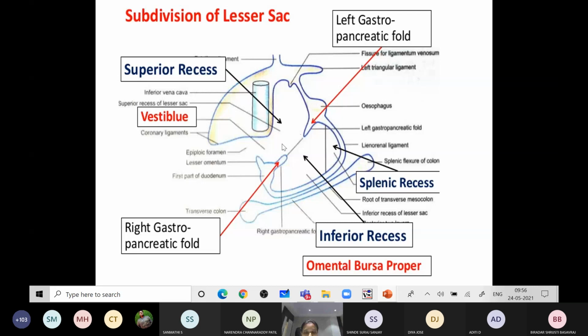The lower part is called the inferior recess, or the omental bursa proper. This is the inferior recess. And what are the other recesses? The part of the lesser sac that goes into the hilum of the spleen is called the splenic recess. This is the splenic recess.